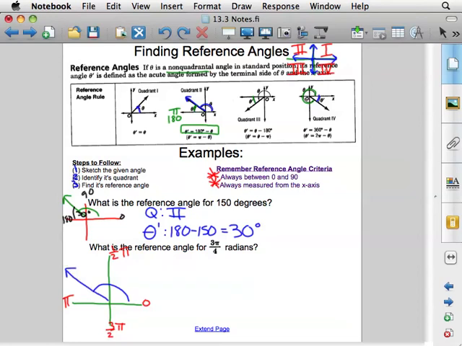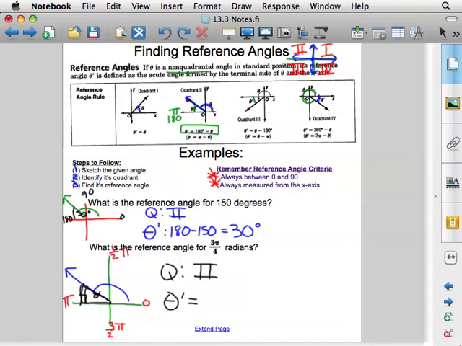So I draw in my terminal side. I can find the reference angle by first identifying my quadrant, which is quadrant 2 again. And my reference angle is going to be what's left right here to get me down to that x-axis. Notice we're really creating this 90-degree triangle, and we want to know what theta is in here, the reference theta.